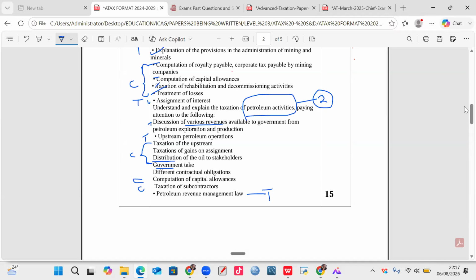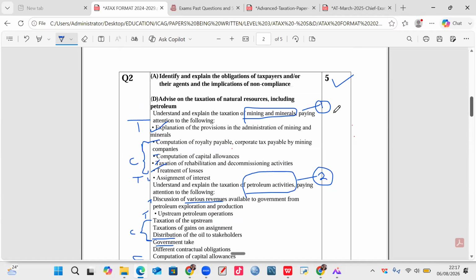So if the lecturer is teaching and discusses mining or minerals, all the examples he will solve, remember, they are all past questions. They are either ICAG past questions or CIT past questions, because the taxation concepts are the same. So if the lecturer solves the same questions with us, what I will do as a student is pick the same questions and solve them.